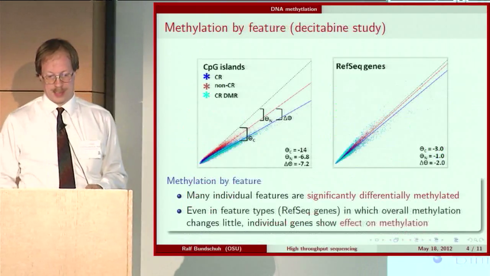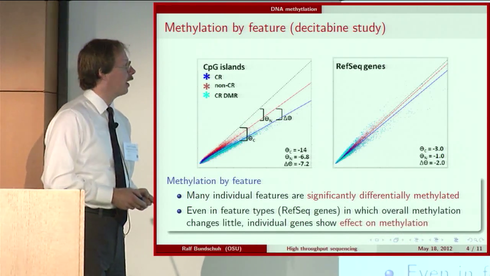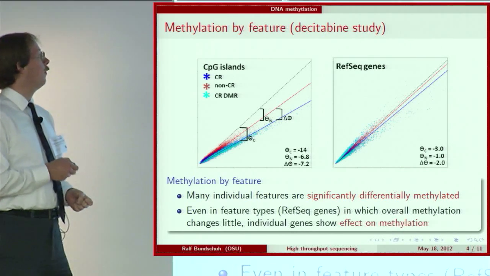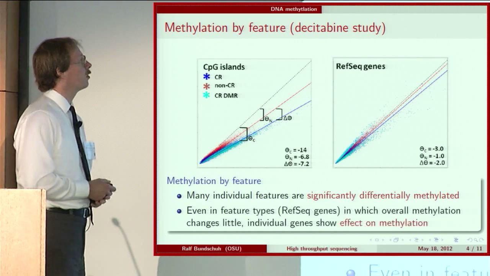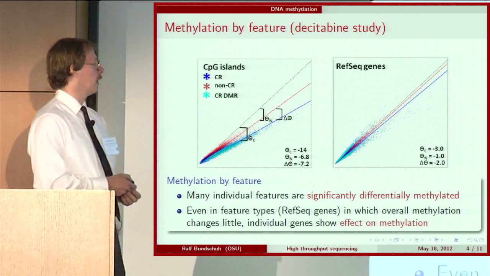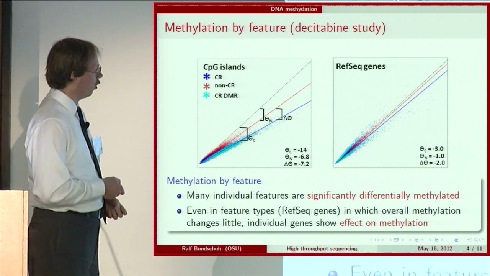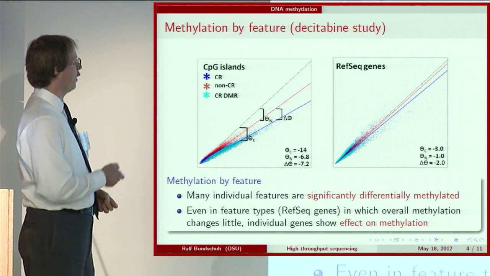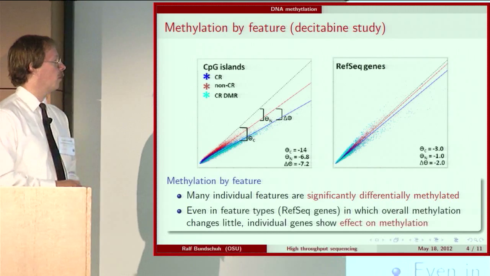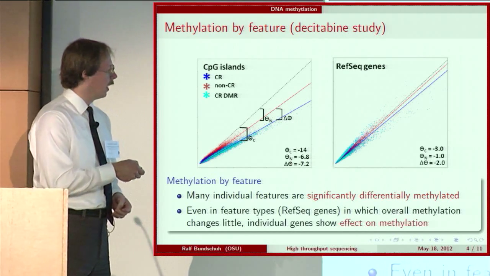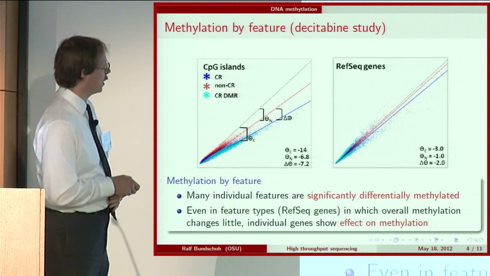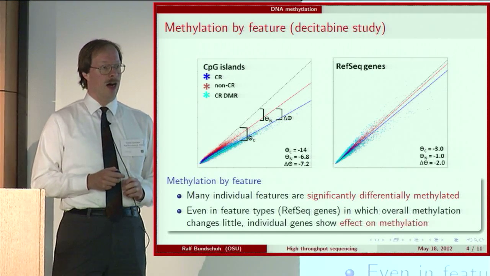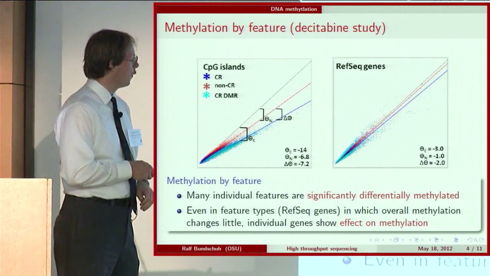Just to show you an example of how this data can look, here is example data from a study of a drug treatment in AML, where we show methylation before treatment on the x-axis and methylation after treatment on the y-axis. Every single dot is one CpG island of a set of patients, and I'm sure you can't distinguish the single dots.